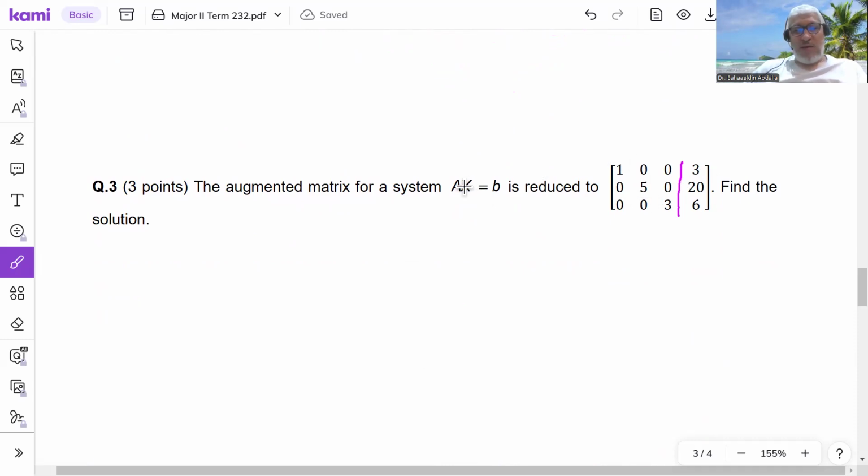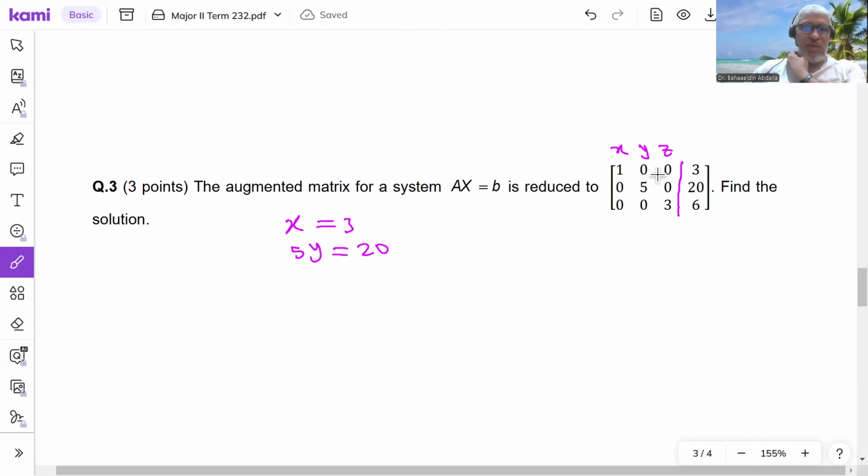Well, I have variables here. If I say that the first variable is x, the second is y, the third is z, then the first equation is what? 1 times x, that's x, plus 0 times y, plus 0 times z equals 3. The second line, 0 times x, 5y, 0 times z equals 20.